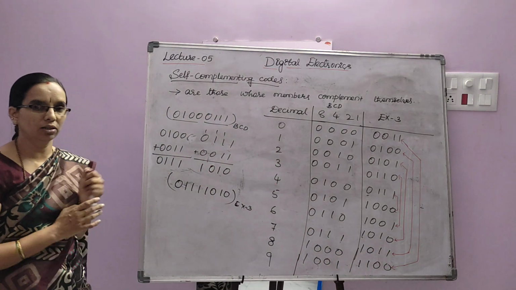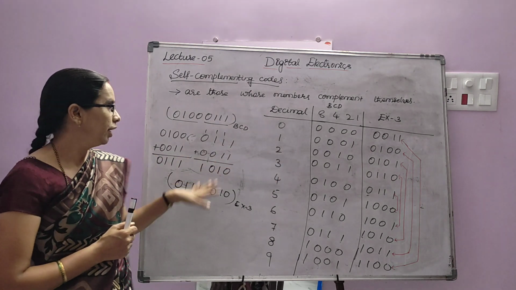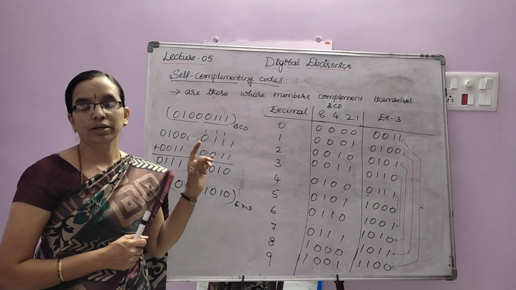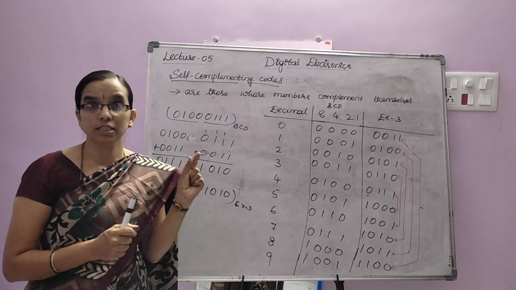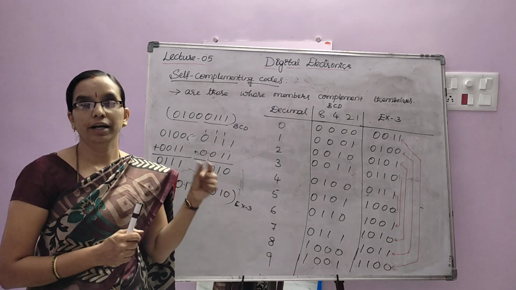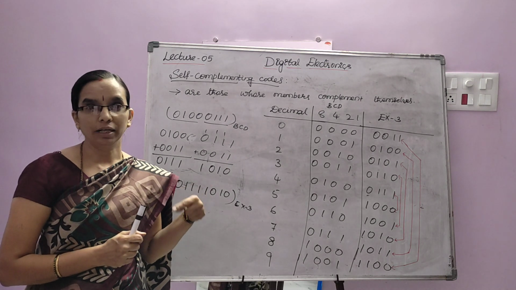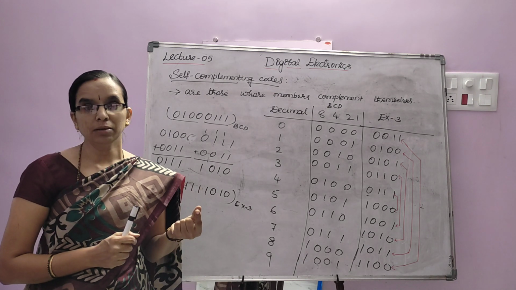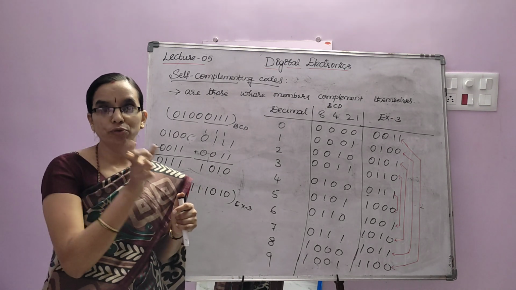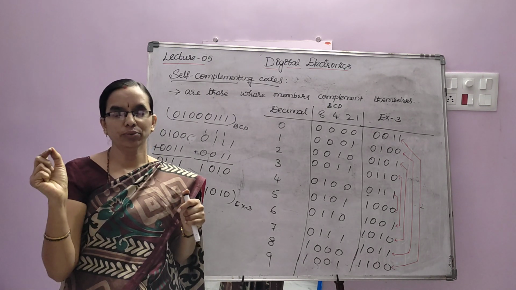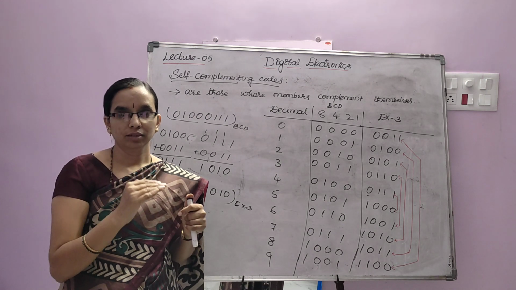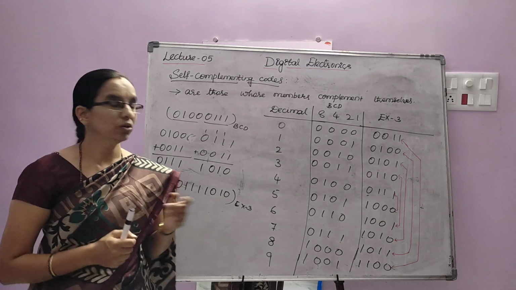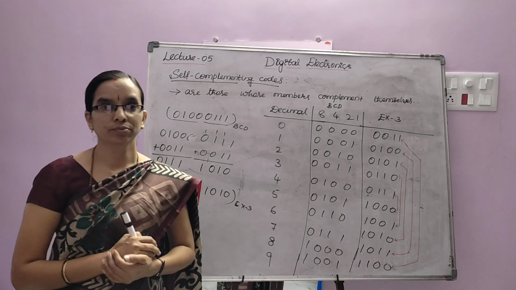You can replace like that also. Either you can write the table and convert, or just add 3 to the decimal equivalent. For each digit you should add plus 3 and convert that into a binary number. Or for a given BCD number, take a group of 4 bits and add 0011 to each separately.